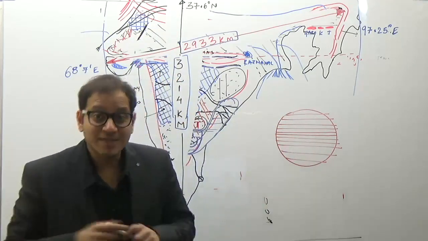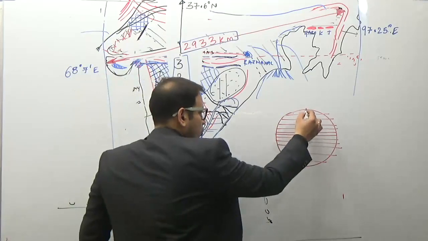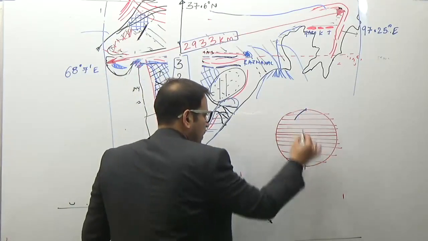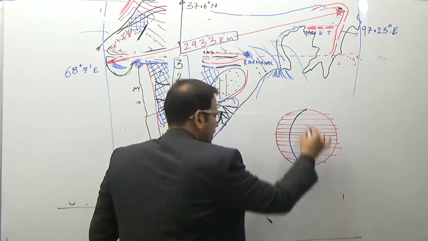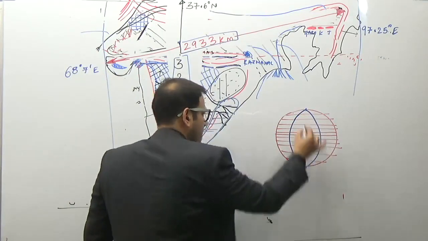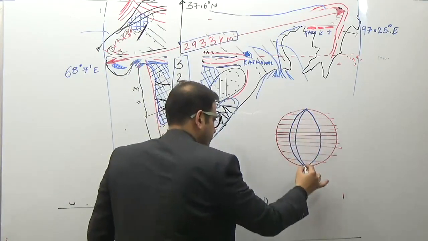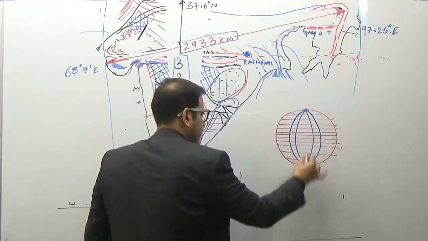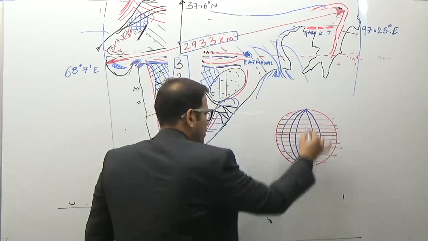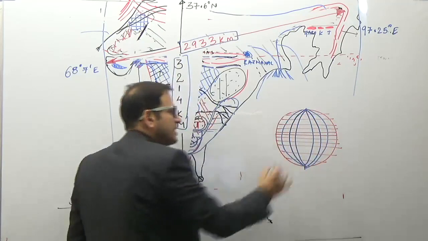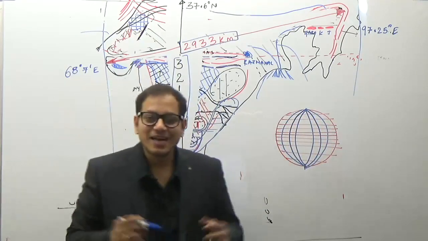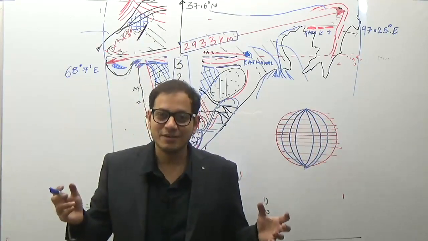What are longitudes? Semicircles which go from one pole to another pole are known as longitudes. By our basics, we know longitudes are not at an equal distance away from each other.